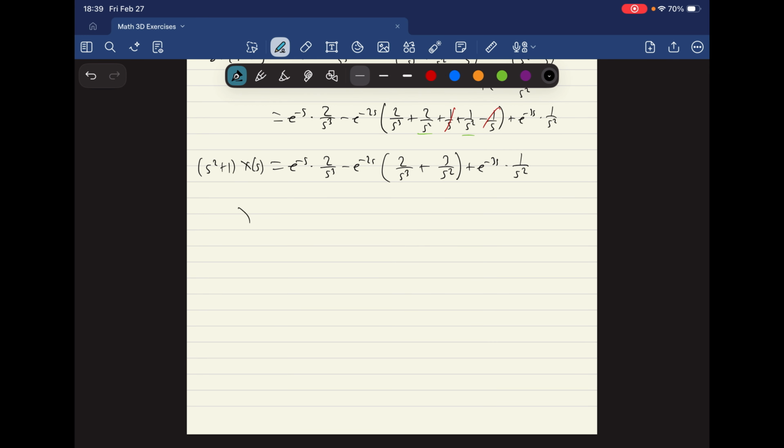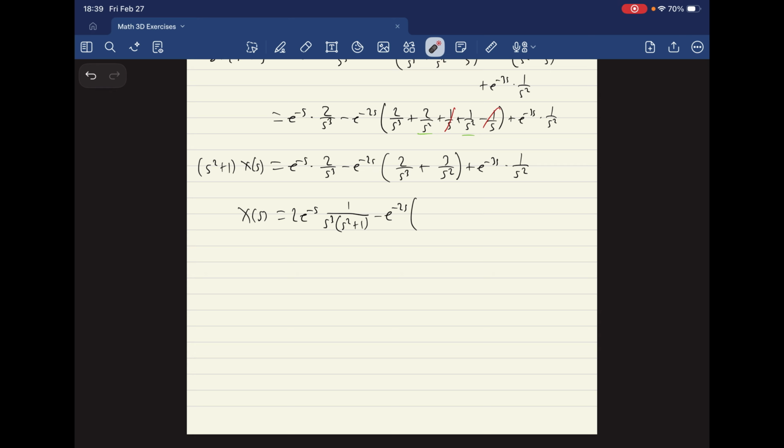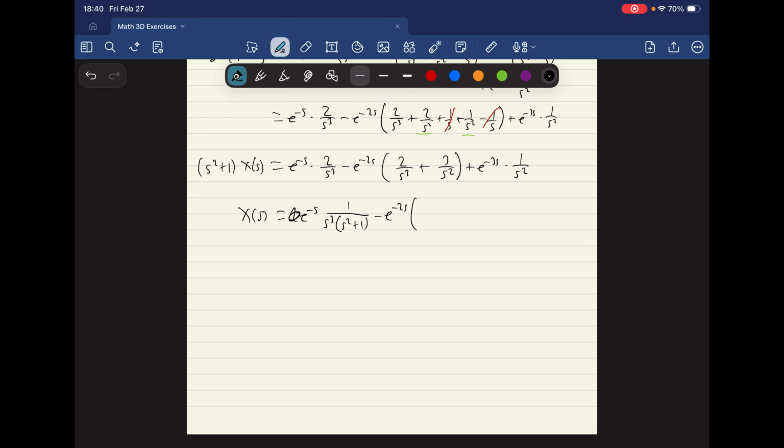Therefore, solving for x of s, what do we get? Well, we get e to the minus s times s cubed. Let's factor out the constants. 2e to the minus s, and then we're going to have s cubed, s squared plus 1 over 1, minus e to the negative 2s, and then I'm dividing both of these terms by s cubed.